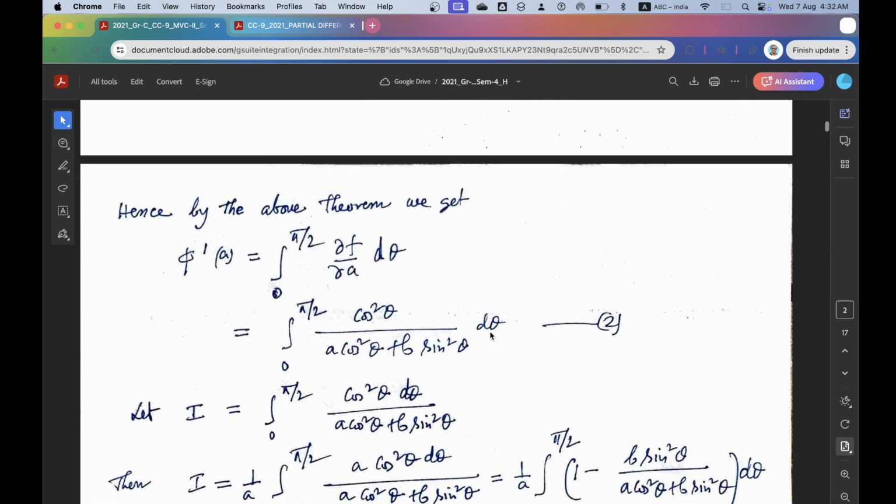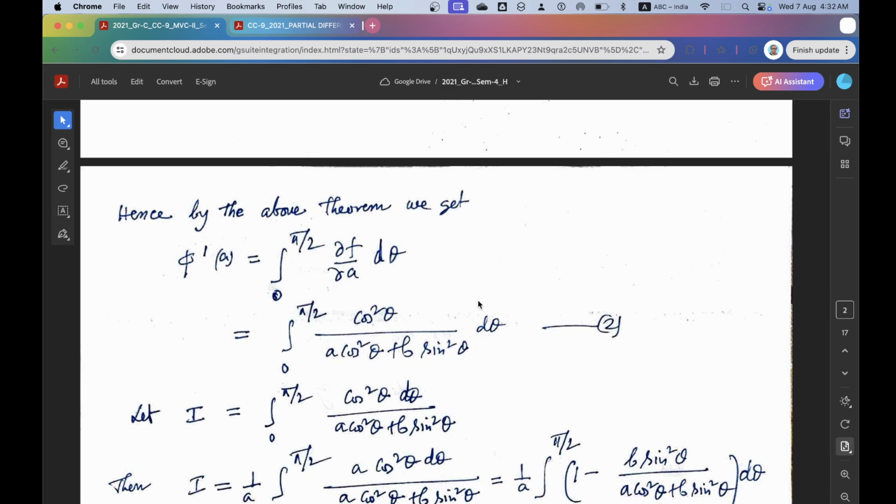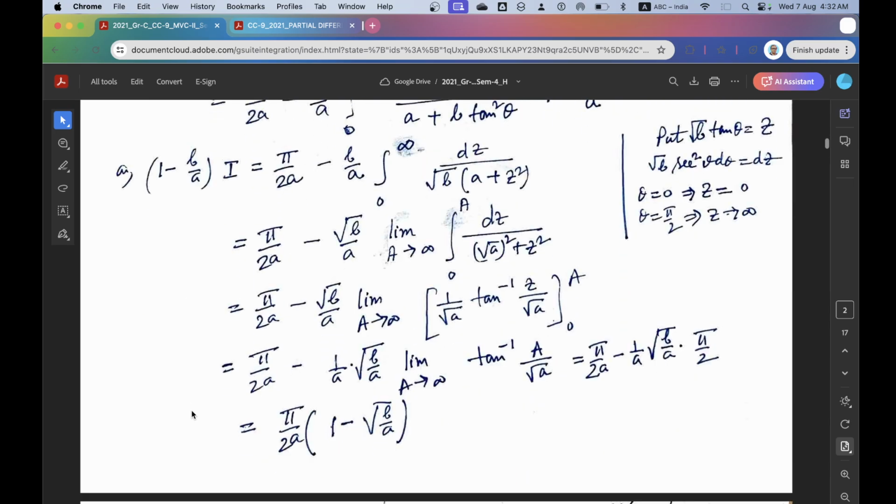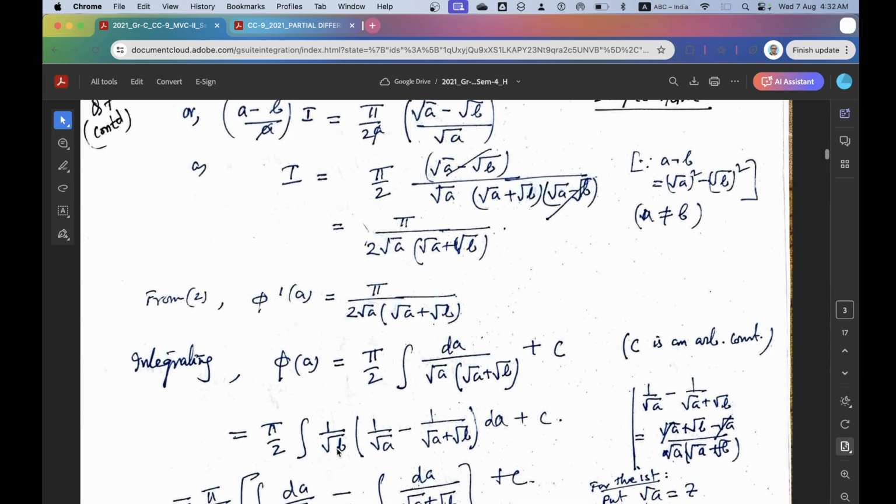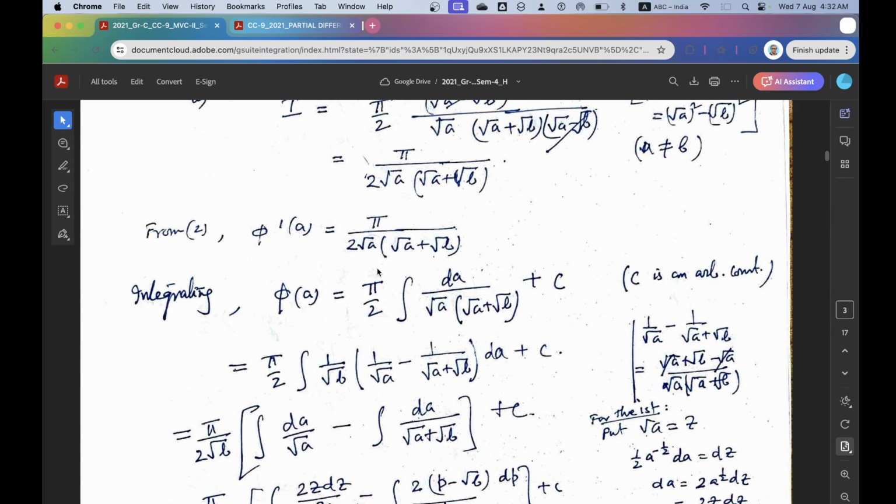From 2, this phi dash a is equal to I. So phi dash a equal to actually I. So you can write this equal to phi dash a. Integrating, we get phi a equal to pi by 2, da by square root of a into bracket square root of a plus square root of b, plus c. C is an arbitrary constant, integrating constant.